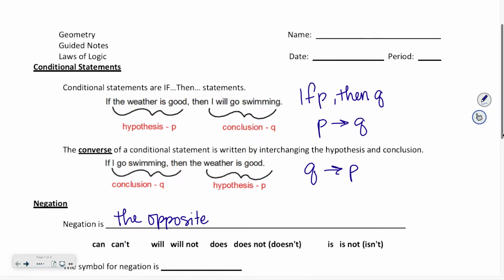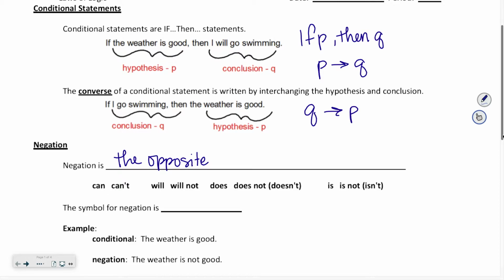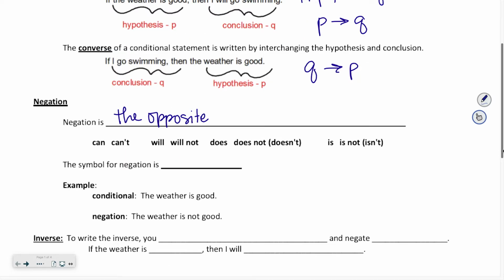Negation is the opposite. And the symbol for negation is just this guy right here. Remember how we drew him on top of the equal sign for congruent? So just that guy right there, that means negation. So if I say the weather is good, if you're going to negate that, you're going to say the weather is not good. Okay?